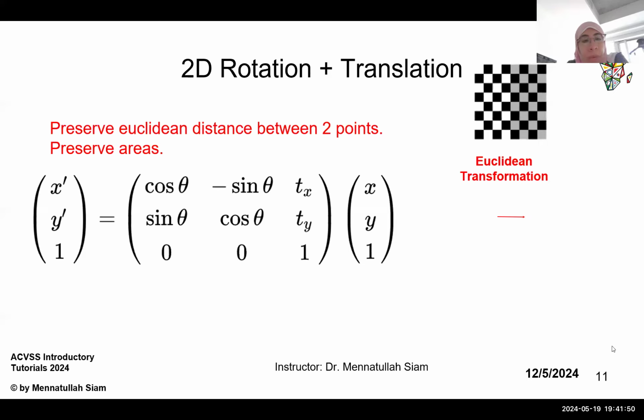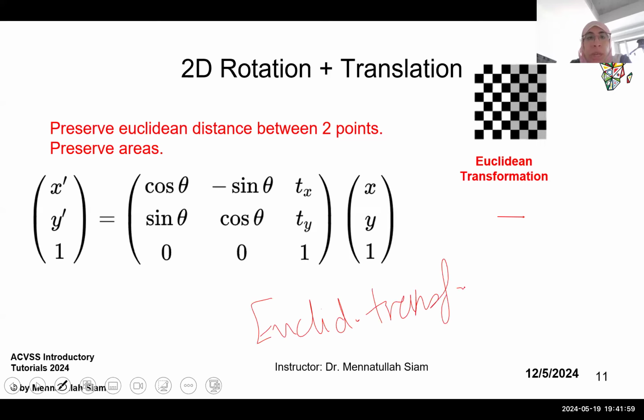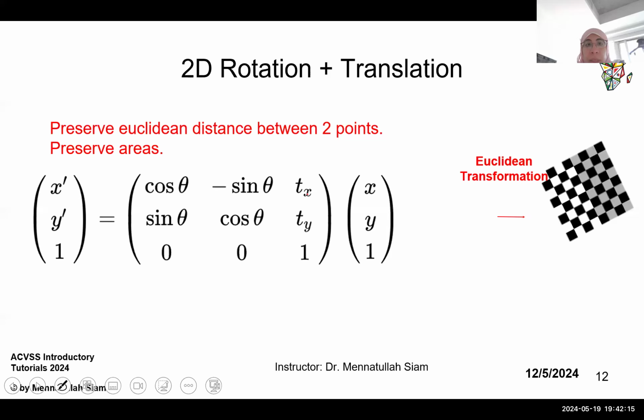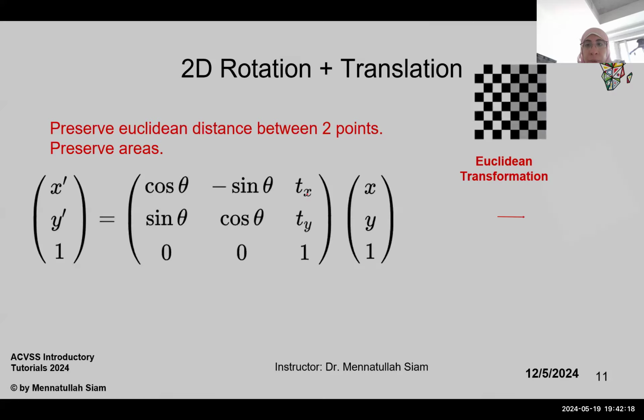So there is something called the Euclidean transformation. The Euclidean transformation combines both a rotation matrix and the translation part. So we have the cosine theta, negative sine theta, cosine theta, and then we have tx, ty. When you do a Euclidean transformation, you will see that the Euclidean distances are preserved.